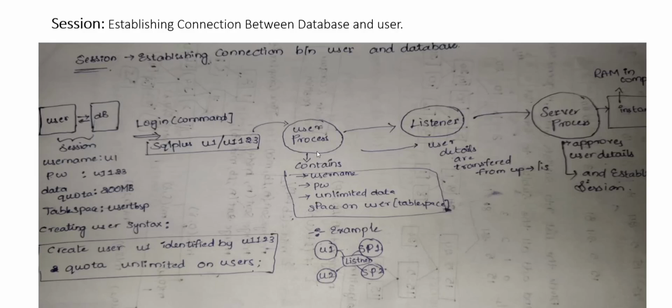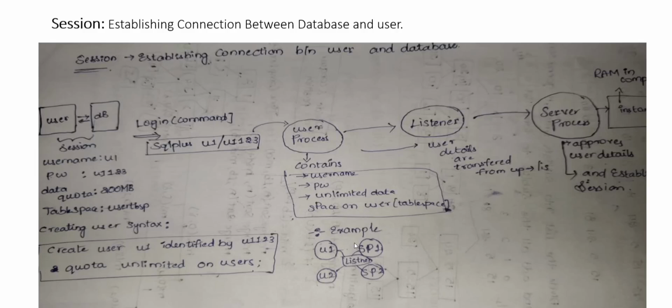So what is the process that takes place between the user creation and the establishment of a session? Whenever you log in, a user process is generated. A user process is nothing but software which has the user details.